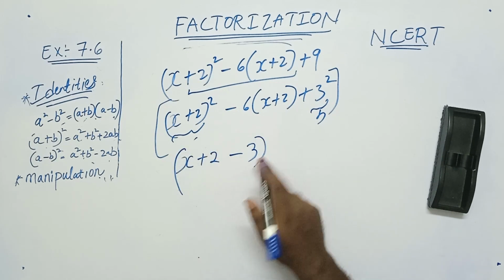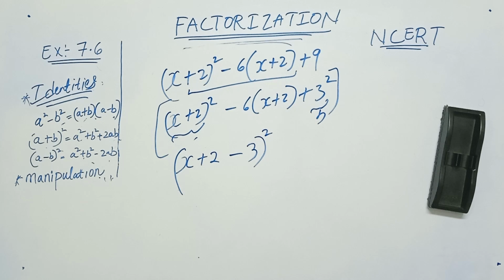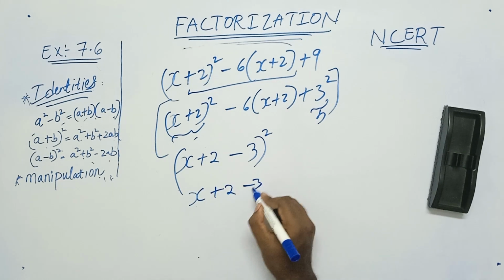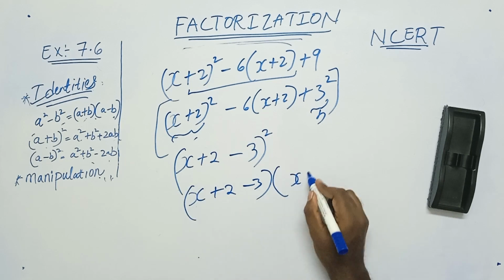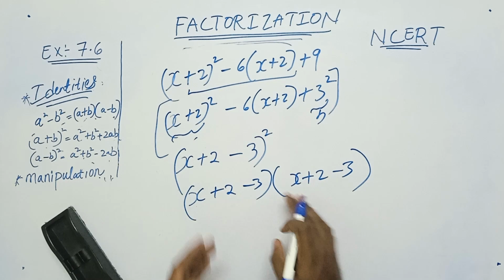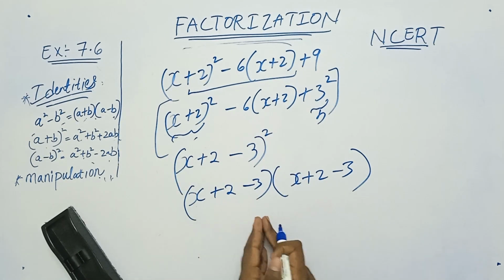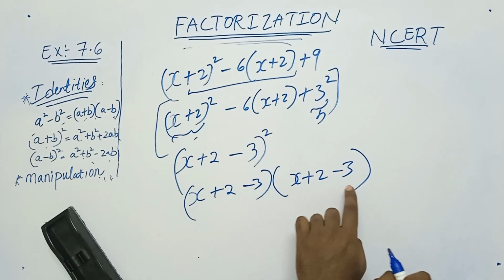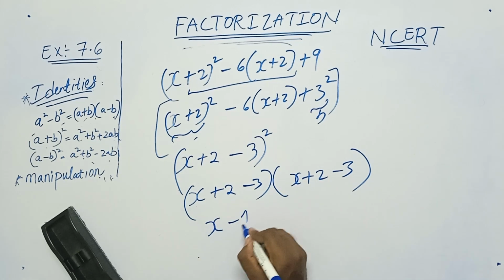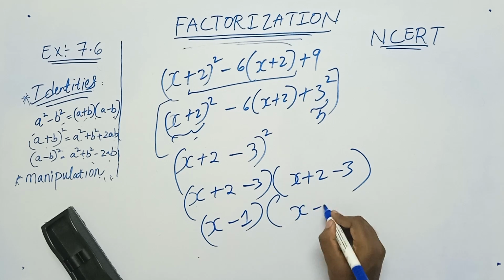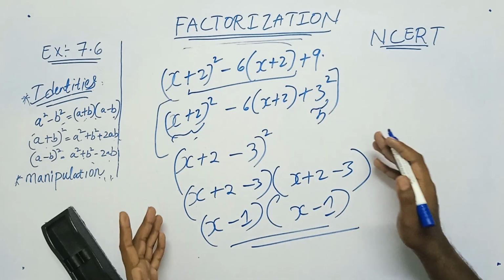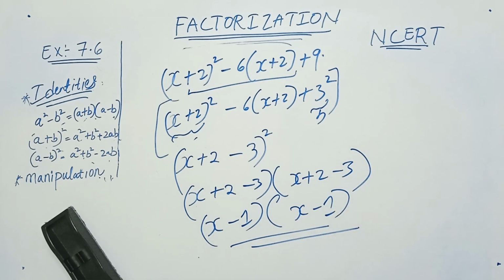So (x plus 2 minus 3) whole square. That means (x plus 2 minus 3) times (x plus 2 minus 3) is the product of factors. If you write it as a product of factors, you get (x plus 2 minus 3) times (x plus 2 minus 3). That means (x minus 1) times (x minus 1), the product of two factors of a given expression. So this is how we are going to find the factors of a given expression.